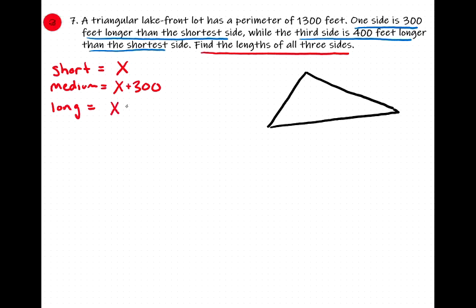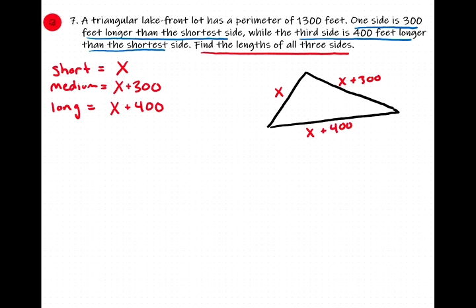So we could take the short side and add 400. Okay, so now we have the short side is x, and the other 2 sides are 300 more than x and 400 more than x. So if we look at that in our diagram, we could say this side is x, and maybe this side is x plus 300, and this side is x plus 400.